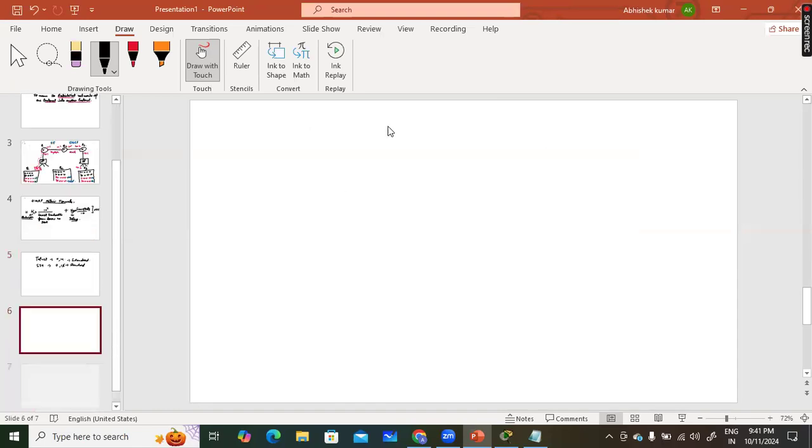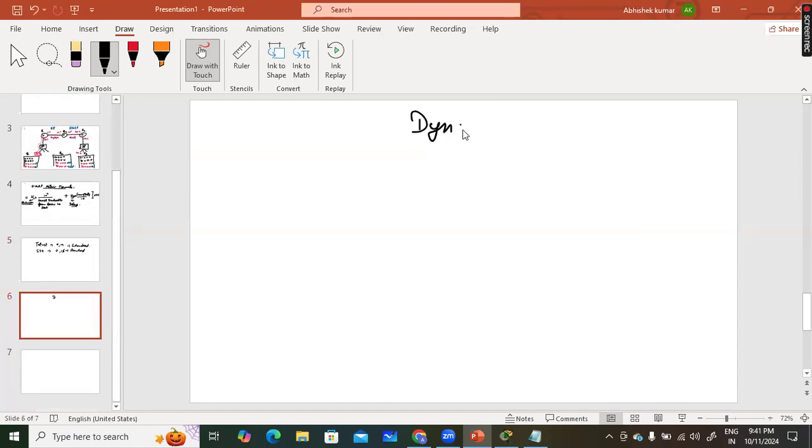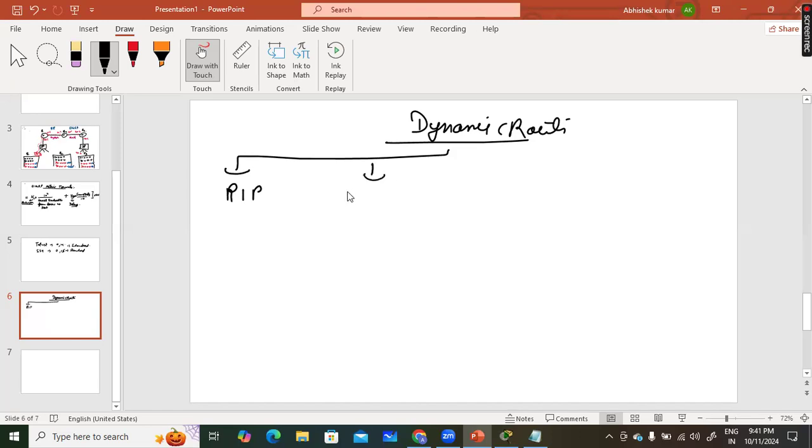Now, on dynamic routing, we know that there are protocols such as RIP, EIGRP, OSPF, and redistribution.